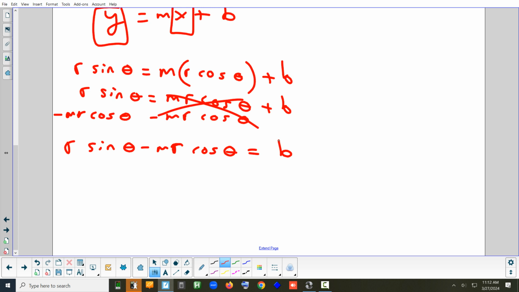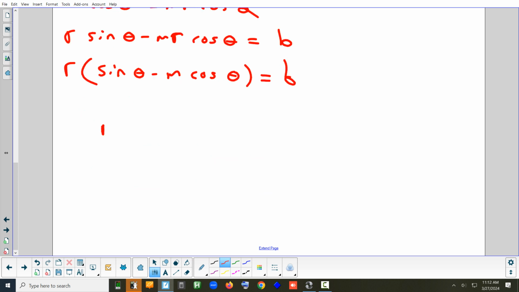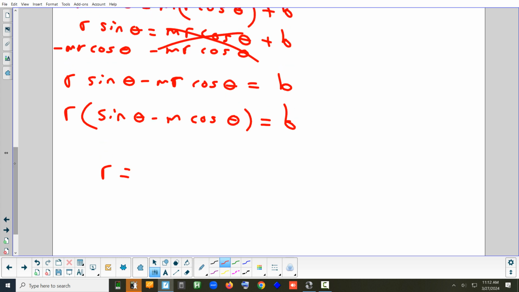Did you factor out again? Yep, I can factor out an r. If I factor out an r, I'm left with sine theta minus m cosine theta. And lastly, how would you get r by itself? Divide b by that.